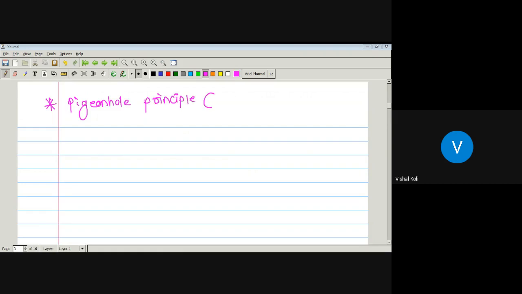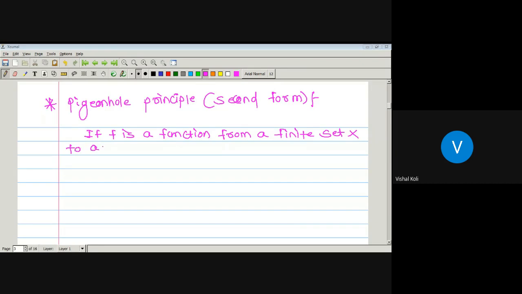See, if f is a function from a finite set X to a finite set Y, where the cardinality of X is greater than the cardinality of the set Y, that is, the number of elements in X is greater than the number of elements in Y.